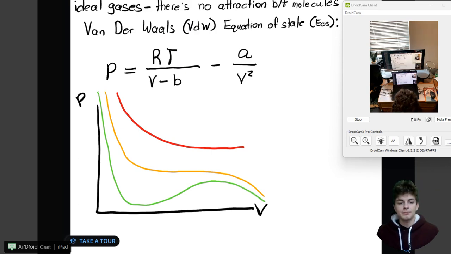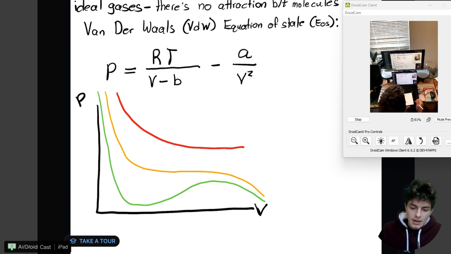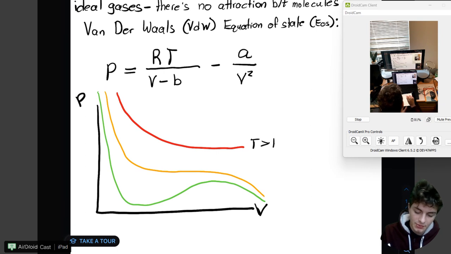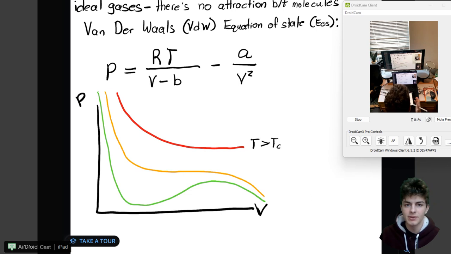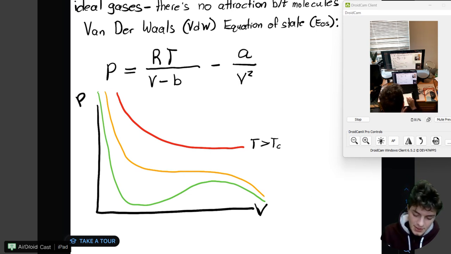Now, I'm going to define a couple things about these isotherms. For the top one, I'm going to say that the temperature is greater than the critical temperature for the substance. I'll define the critical temperature a little bit more in just a moment. For the orange one, this temperature is equal to the critical temperature, and for the green one, this temperature is less than the critical temperature.